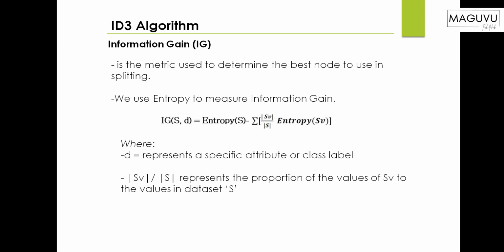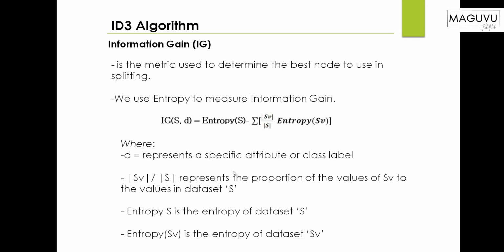And then we are looking at Sv over S, which represents the proportion of the value of Sv to the values in the dataset S. Entropy of S is the entropy of the whole dataset. The entropy of Sv is the entropy of dataset Sv.